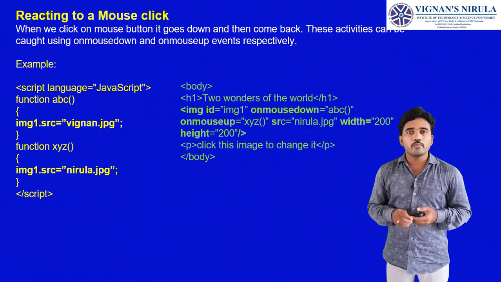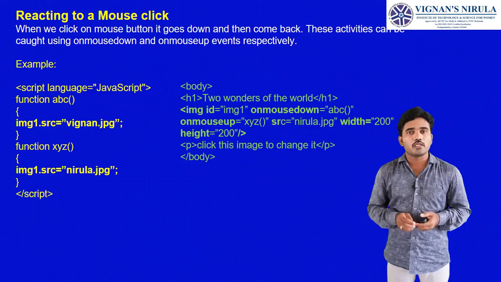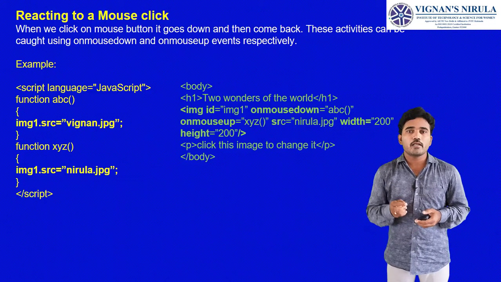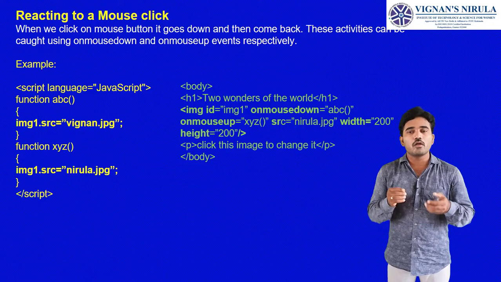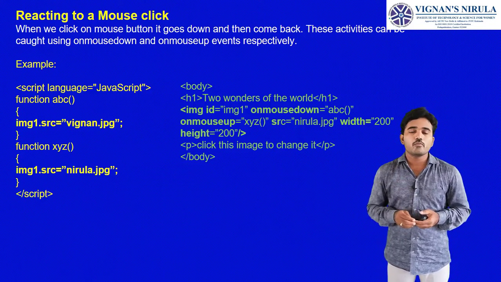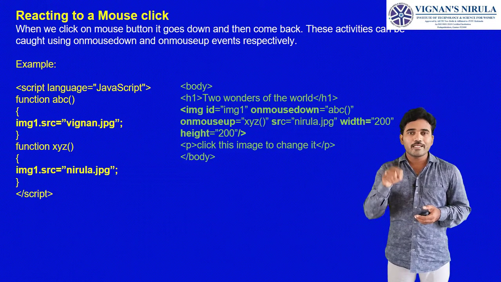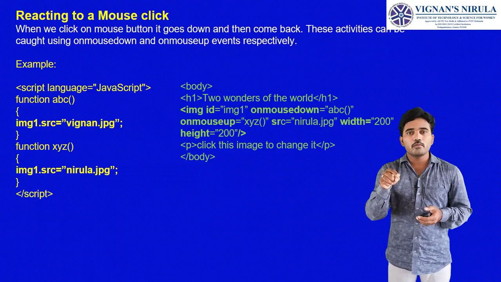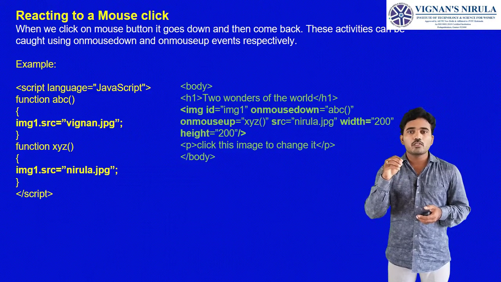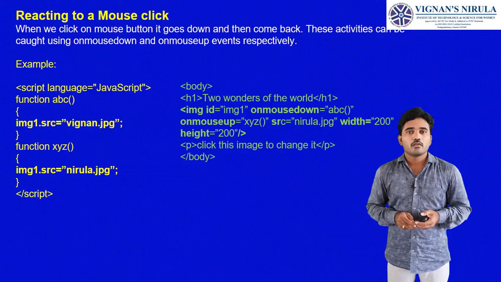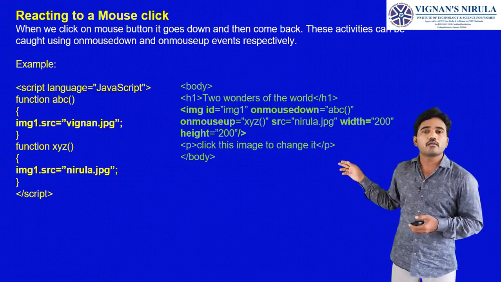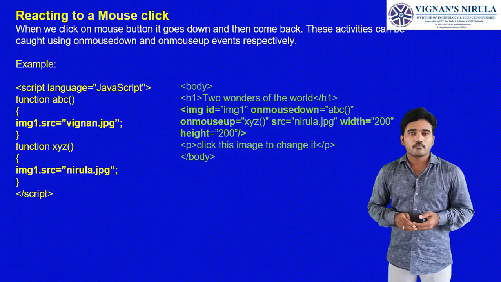Here I have used an image where its ID is img1, and initially its src is nirula.jpg, and I am using two events here, onmousedown and onmouseup. Whenever you click, the onmousedown event will happen, and whenever you release the mouse, the onmouseup event will happen. So onmousedown equals ABC function you are invoking, onmouseup equals XYZ function you are invoking. Followed by that I have written a paragraph, "Click this image to change it".